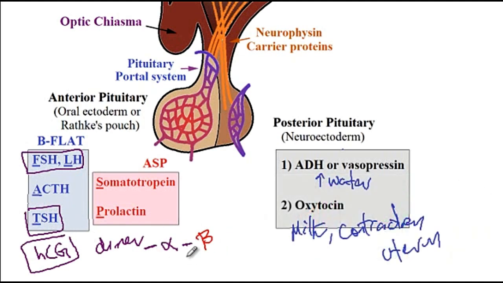But since their alpha subunit is the same, there is sometimes some cross-reactivity between the function of these hormones. For instance, in patients that have molar pregnancy and there is elevated level of human chorionic gonadotropin, this HCG can act on the TSH receptors and cause hyperthyroidism during molar pregnancy. And so therefore, these patients present with tremors.